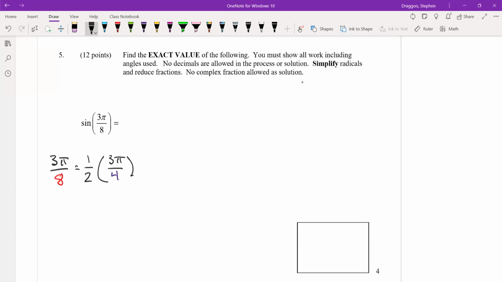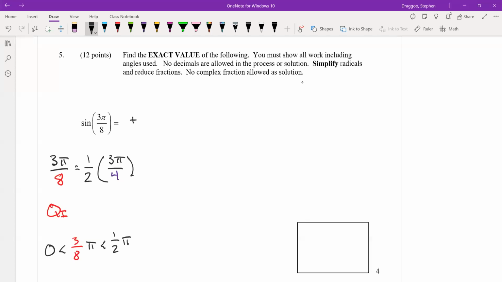If you remember this problem from worksheet 12. I know that 3 pi over 8 is in quadrant 1 because it's in between 0 and pi over 2. So I know I'm going to be in the first quadrant.